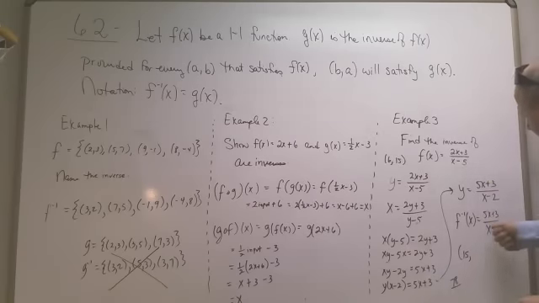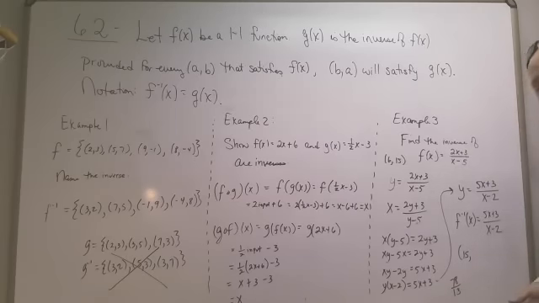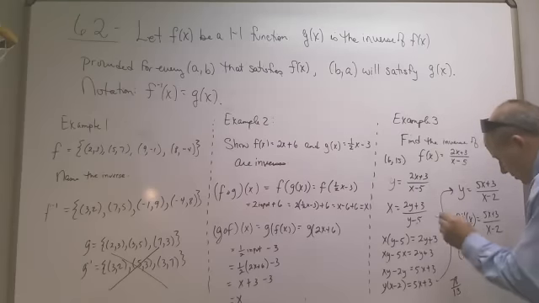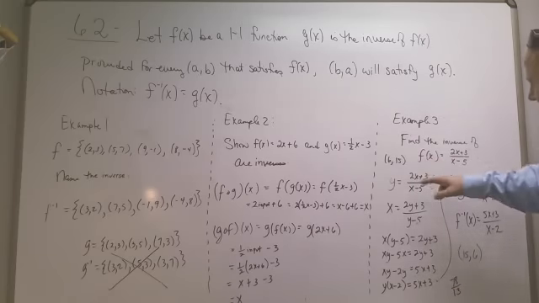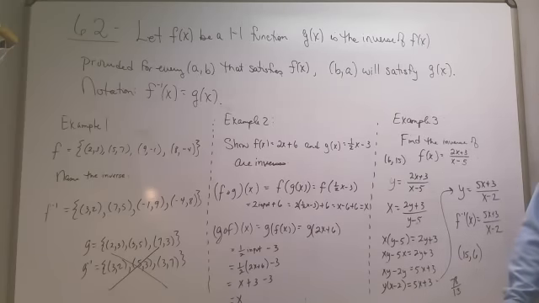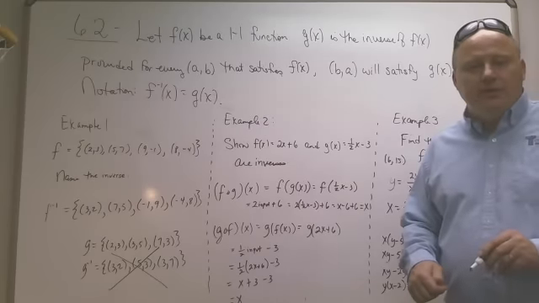And then 15 minus 2 is 13. And I'm pretty sure if you divide 78 by 13, you get 6. And so it does actually switch that ordered pair around. And that's what inverses are supposed to do.